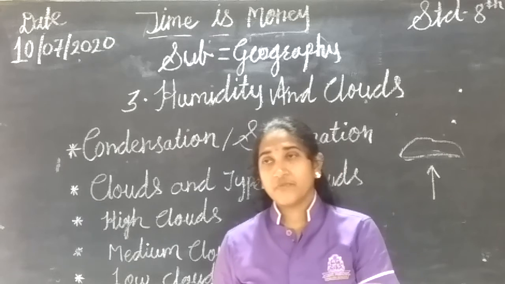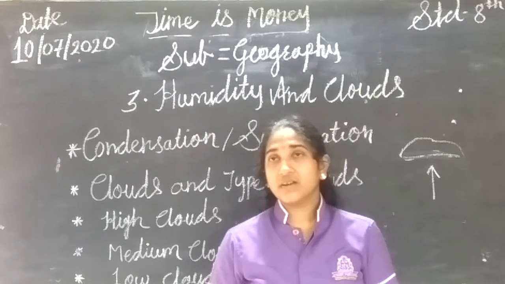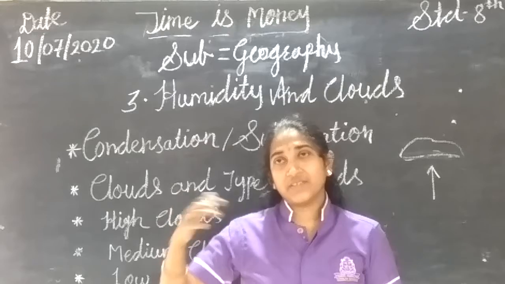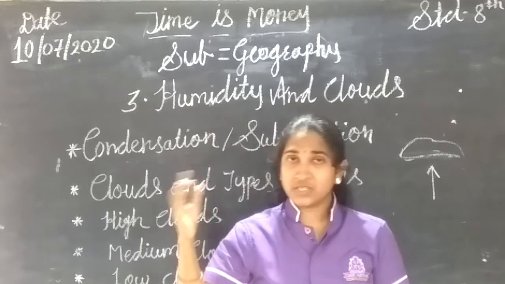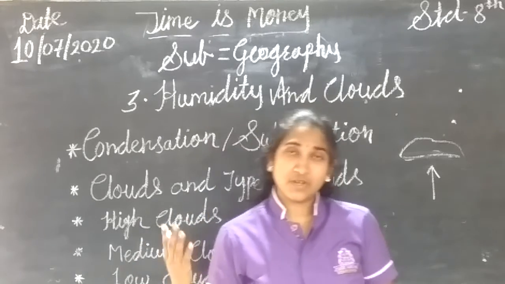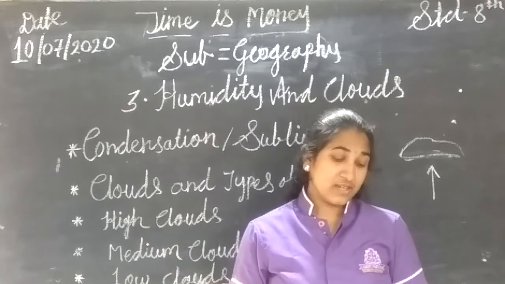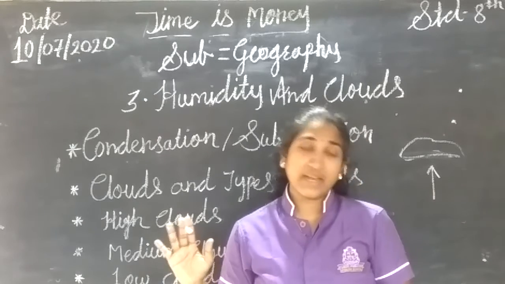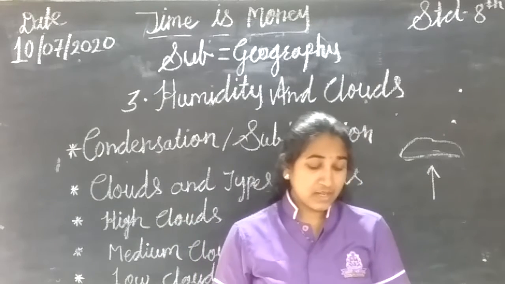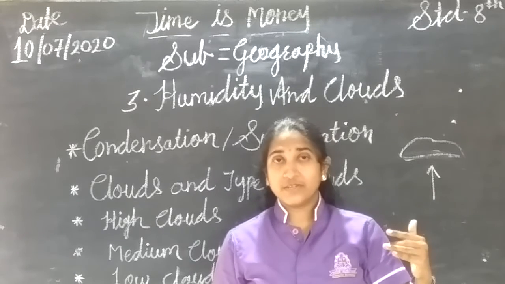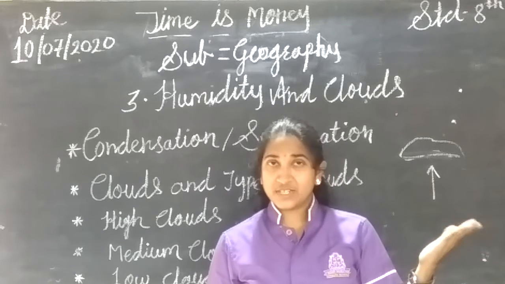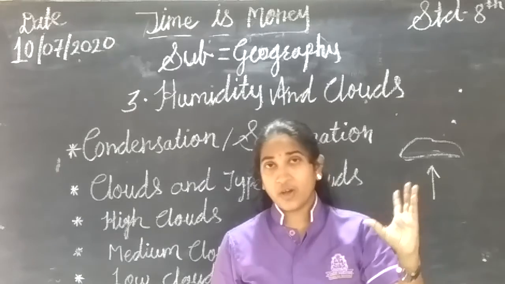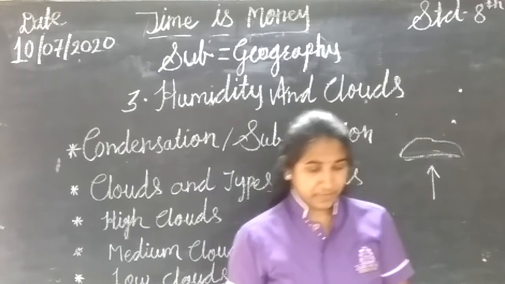See, the proportion of water vapor is high at the surface of the ground, and as we go higher, that proportion also decreases. In the figure we can see the three altitudes given, and the clouds at lower altitude are larger in size, and the clouds at higher altitude are smaller in size.